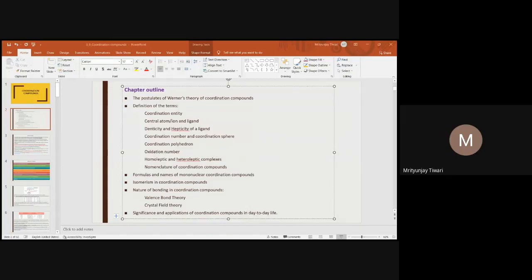One chloride ion as a primary valency, two chloride ions as a secondary valency. So three chloride ions will have three negative charges. Because the entire complex does not carry any charge, it is electrically neutral, the cobalt must have a +3 charge on it. That is what we call the oxidation state of the central ion or central metal.